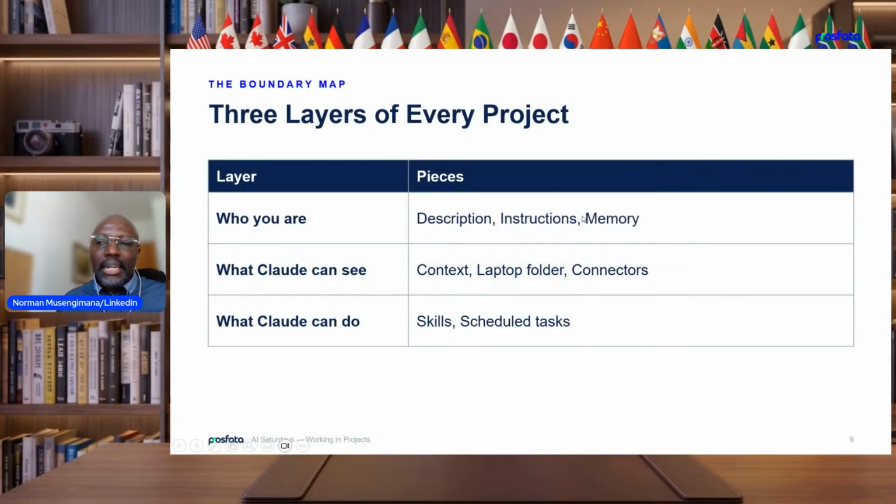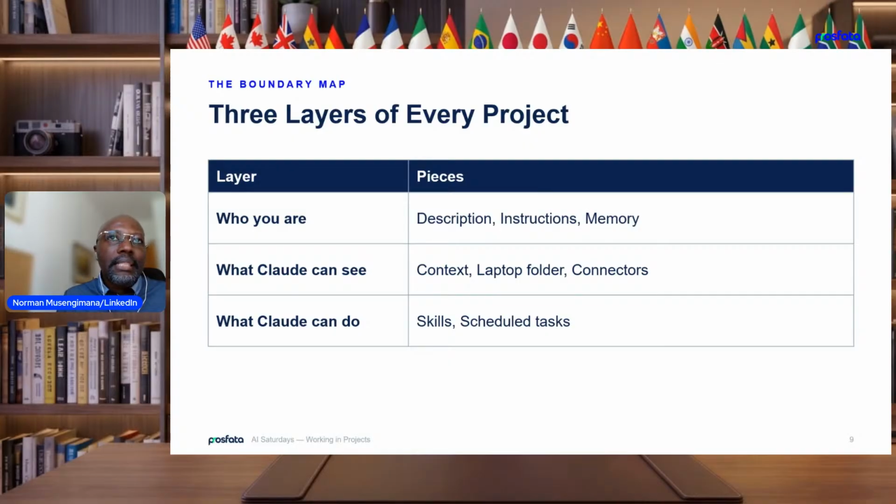So every project has about 3 layers if it's going to serve you and help you. Some of these layers are, for example, who you are, or what the project is all about. So that means it has description, instruction, and memory. Then what Claude can see.